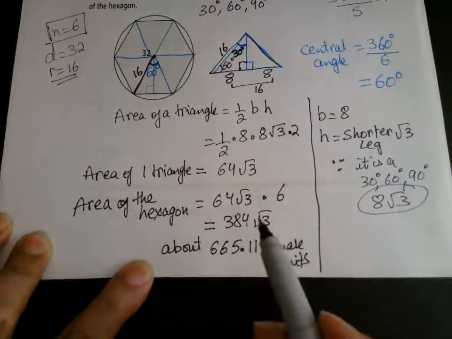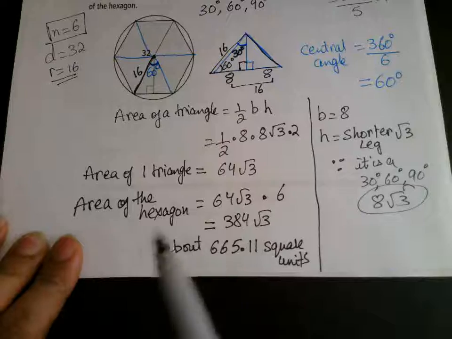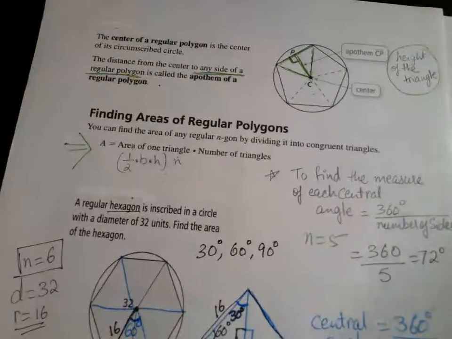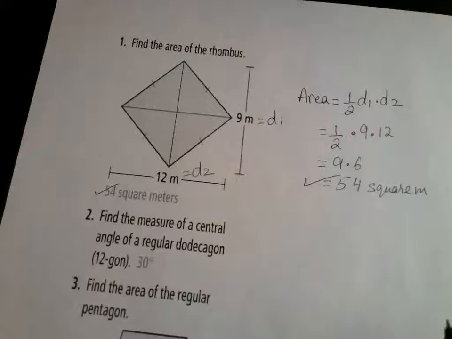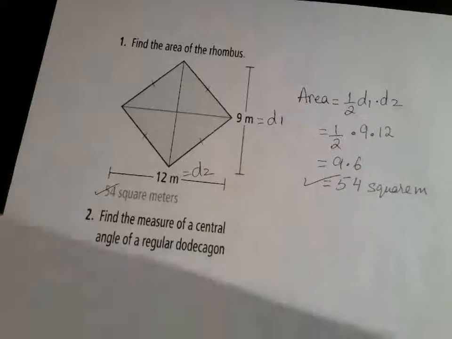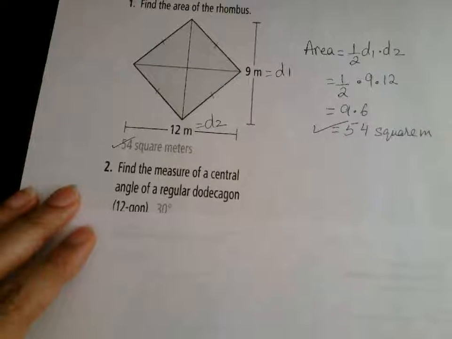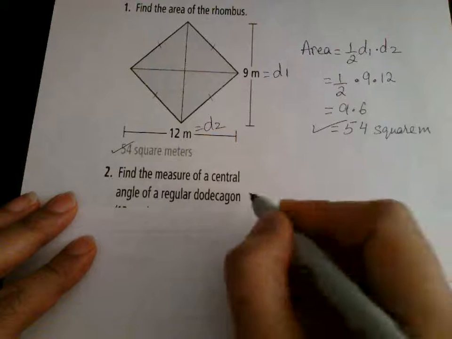So in this case, we are trying to find the area of a polygon, but to do that, we have to use the 30, 60, 90 rule. Okay, let's try a few more. Now, in this case, find the measure of a central angle of a regular dodecagon.